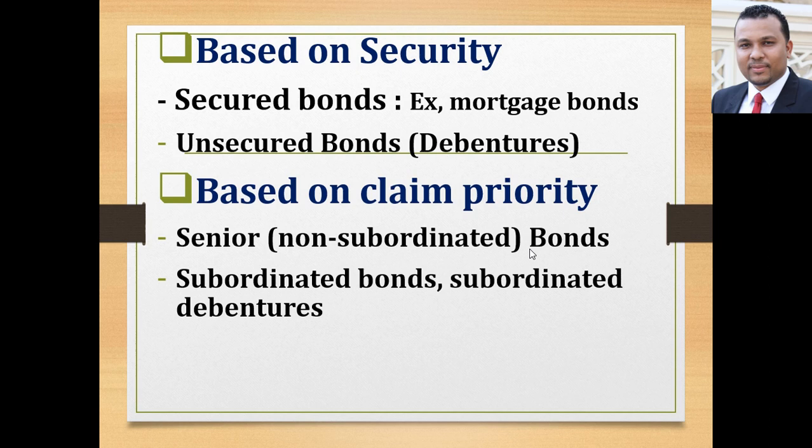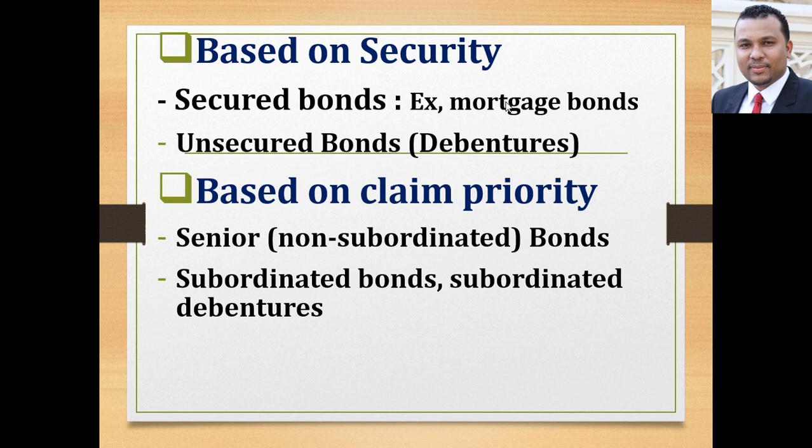The next category, we classify international bonds based on security: secured bonds versus unsecured bonds, or debentures. The first category, secured bonds. In the case of secured bonds, we talk about collateral that backs the bond issue and ensures the ability of the issuing company to repay the face value.